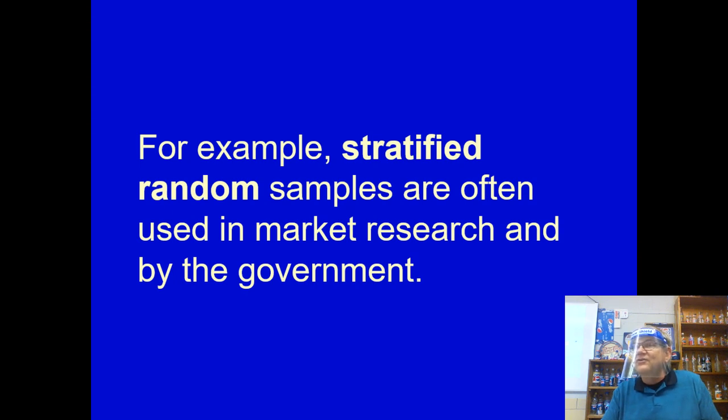What they'll try to do is subdivide the country into regions, sex, race, sometimes income levels, all the different ways you can think about. And then they try to choose random samples from each of those groups. So it's stratified and it's random, and that does combine both of those features. But we're going to look at the different ones you have there and see what we come up with.